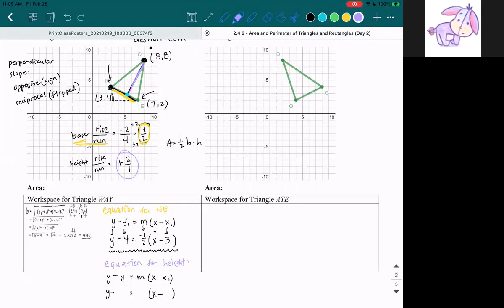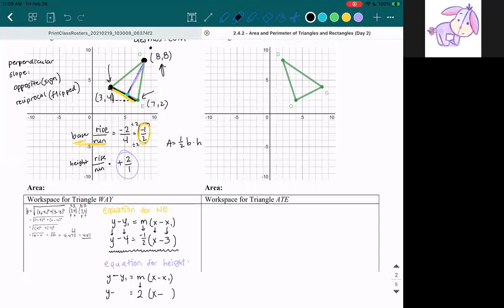Actually, I was supposed to write that in black, so let me write that in black. So we replaced the m with 2 because that was the slope of our height. Next, we just got to pick a point that we know on the purple line, and the only point we know on the purple line is the O, this one. Because the blue point that is also on the purple line, well, that one was the one we want to figure out. So we don't know that blue point.